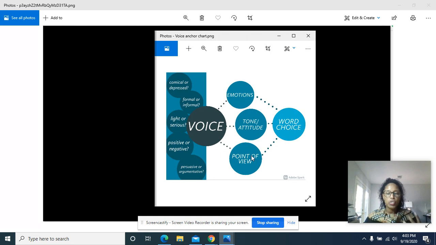But the voice is created through the emotions, okay? And the tone and the attitude put together with the point of view creates the voice of the piece. So that's how we think of what the voice is. Now, most poets are very specific. You'll find very interesting word choices.